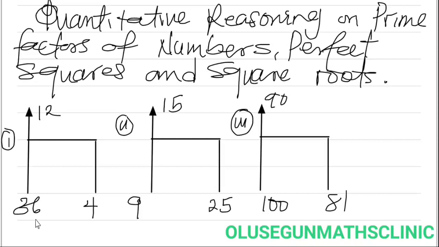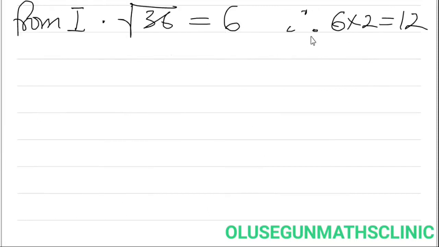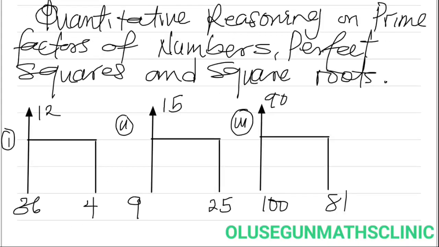This one is finding the square root of 36 and the square root of 4. So when you get the square root of 36, you multiply with the square root of 4. The root of 4 gives us 2. So 6 times 2 will give us 12. The square root of 36 is 6, the square root of 4 is 2, so 2 times 6 gives us 12.